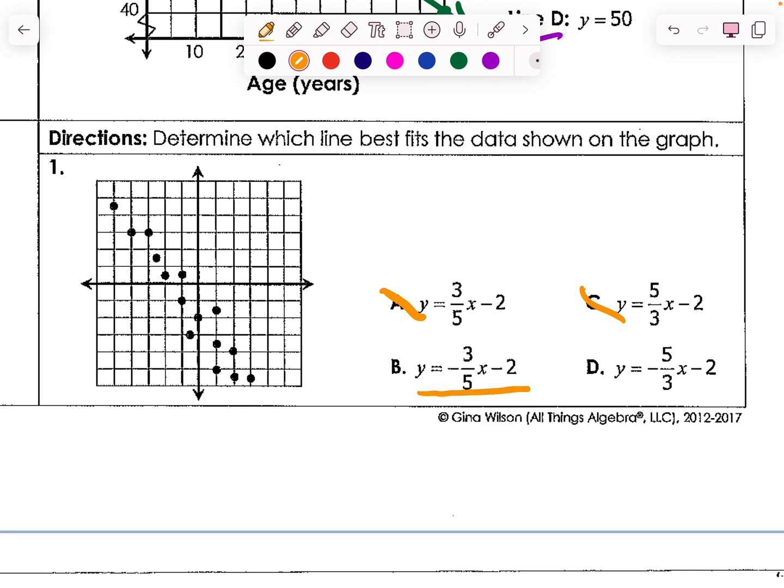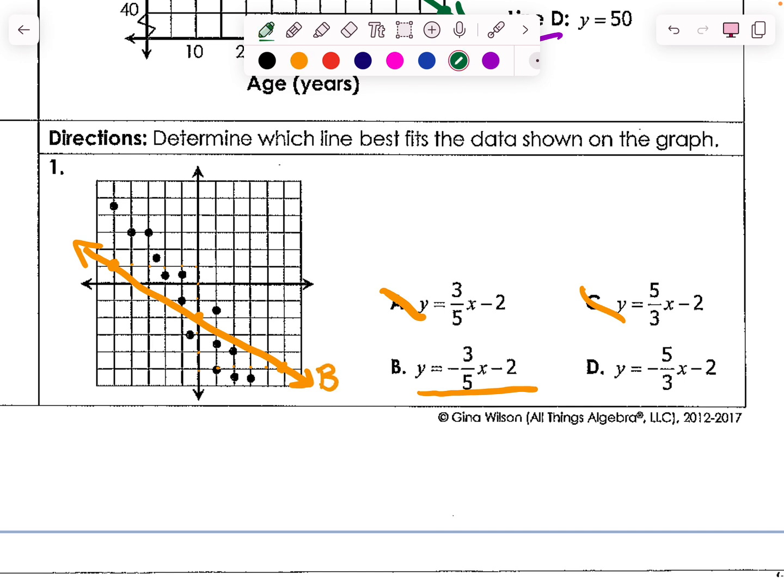So for B, I'm going to go negative 2. And then it's up 3, 1, 2, 3, to the left 5, 1, 2, 3, 4, 5. Down 3, 1, 2, 3, 1, 2, 3, 4. Line B, does that look like a good line?